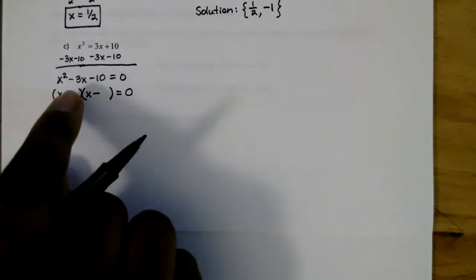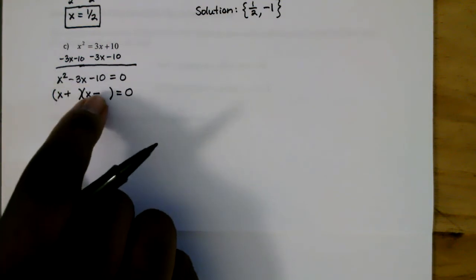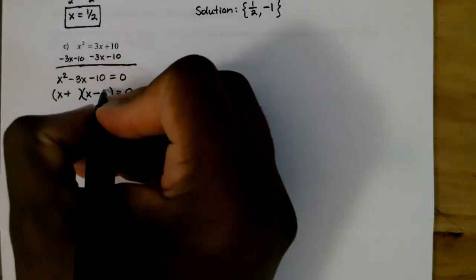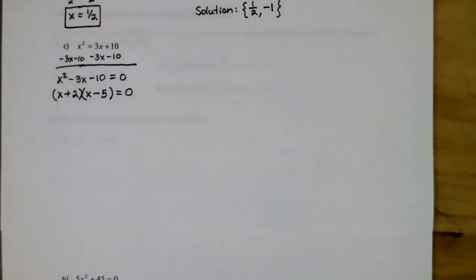And keep in mind, the larger of the two factors takes the sign of the middle term. And in this case, the 5 will have to be minus, and the 2 has to be plus. So that means we're going to have x plus 2 times x minus 5 is equal to 0.